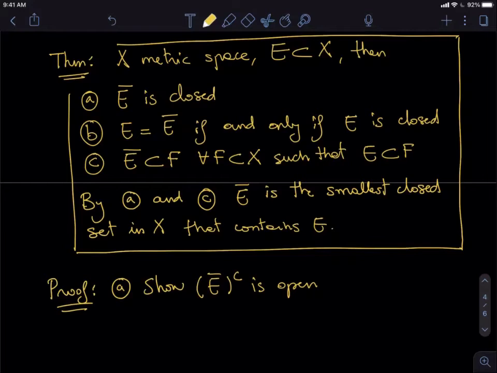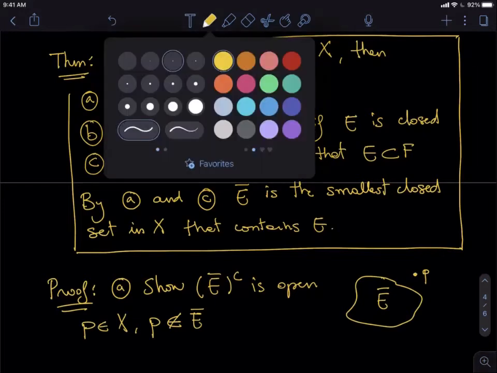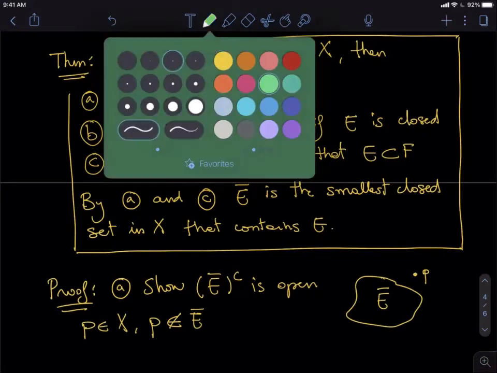So let's say, in this very naive sketch, this is our E bar, and let's say we take a point P in X that is not a point in the closure. Why am I doing this? I want to show that the complement is open.